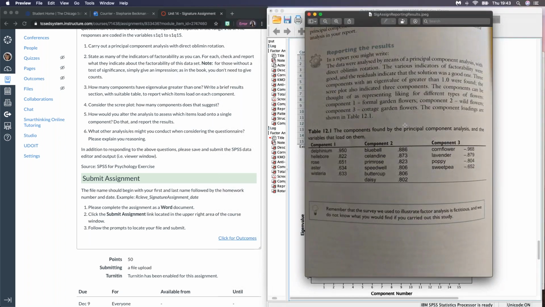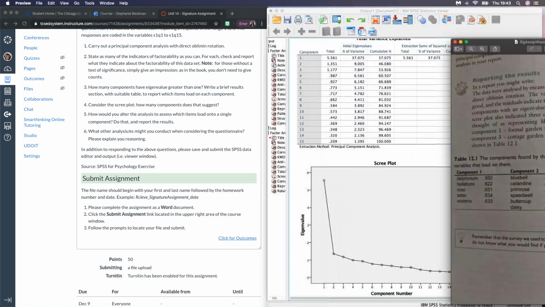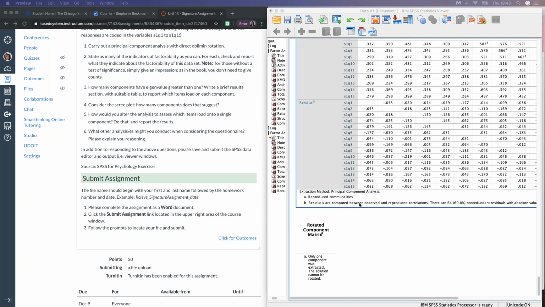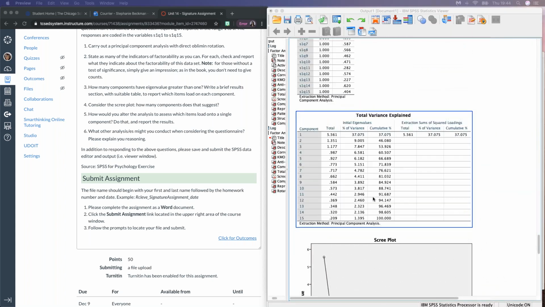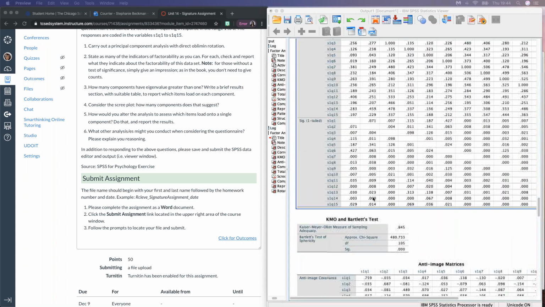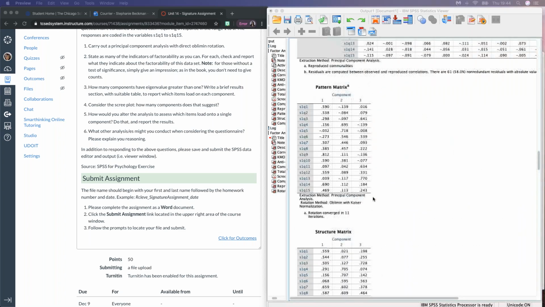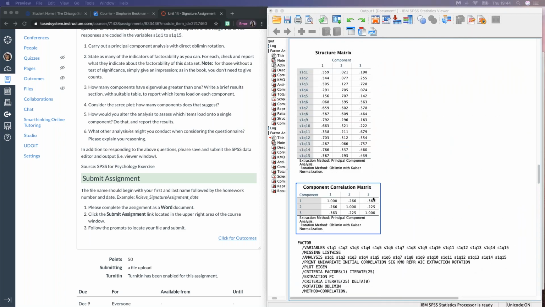So again, here's what it looked like when we loaded 3. But when we look at, we have to find our pattern matrix. So wherever that is. Pattern matrix, structure matrix.